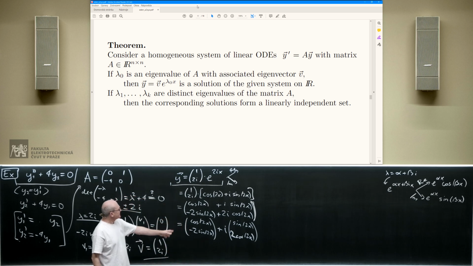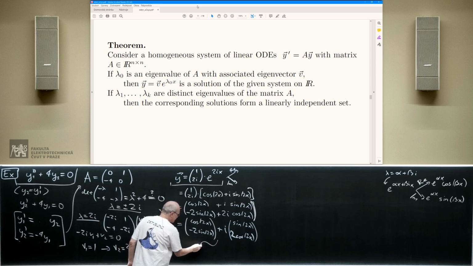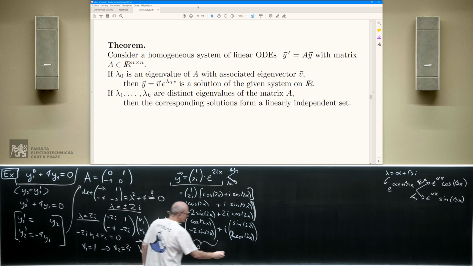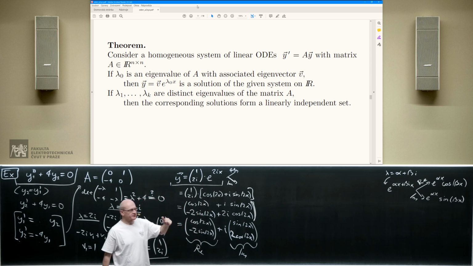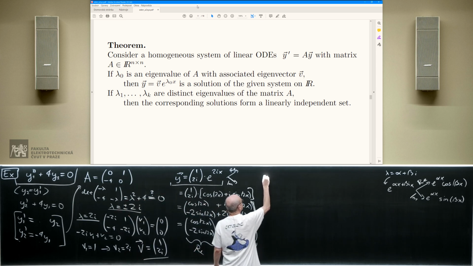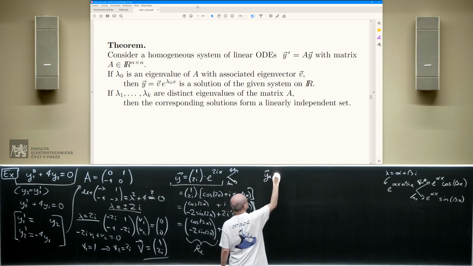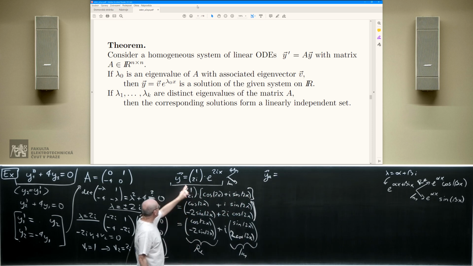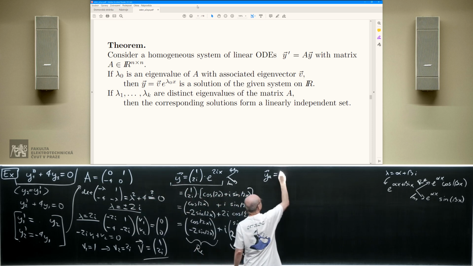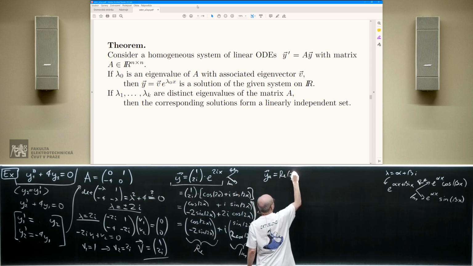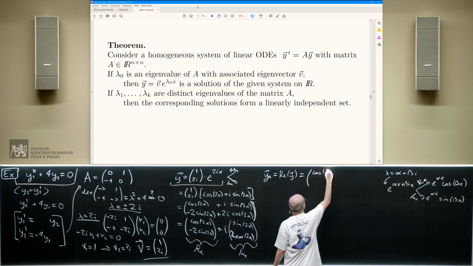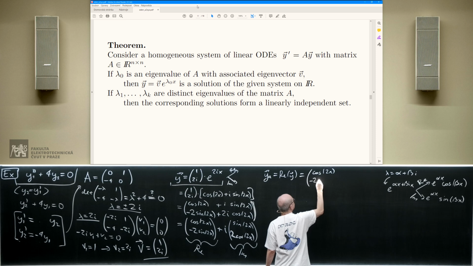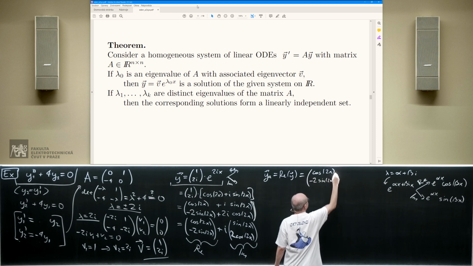Now I take the real part, I take the imaginary part, and I prepared it in such a way that I can see it right away. Real, imaginary. So my solutions look like that. The first solution, and again let me call it YA, is the real part of Y, which is cosine 2x, -2 sine 2x.